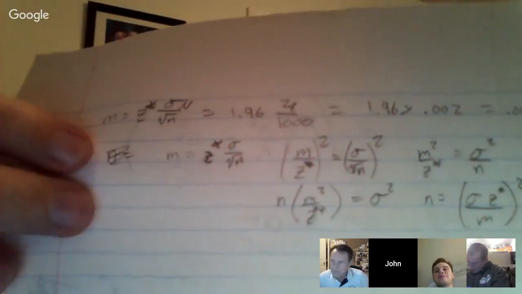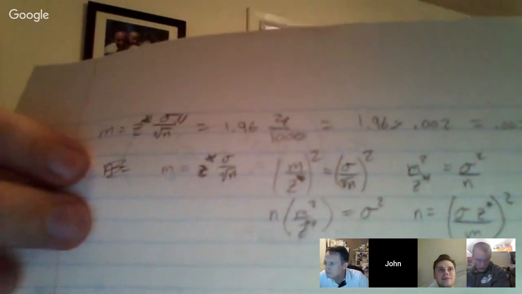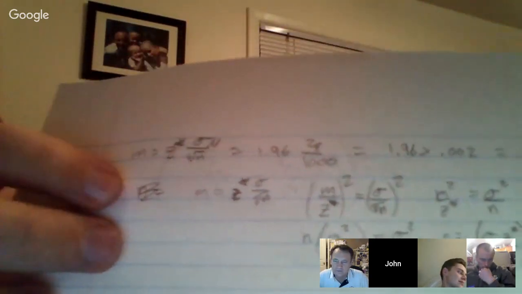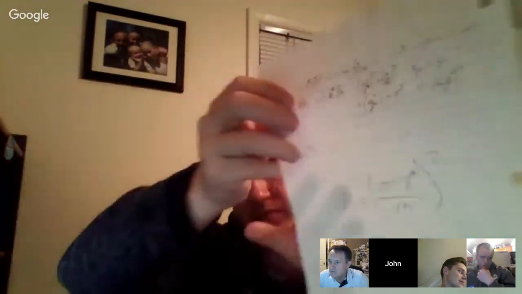That's the equation. If you take the margin of error equation and solve for n, that's what it comes out to. So that's m equals z times standard deviation over root n. If you solve for n, it comes out to n equals z times standard deviation over m, all squared. That's how I computed the 38,416. Okay, cool.